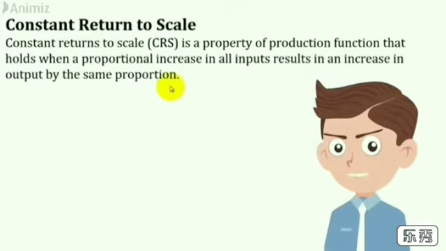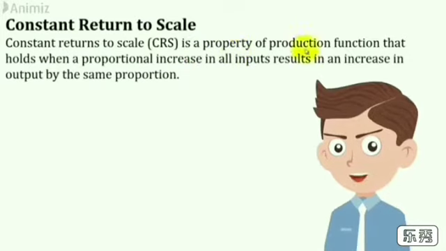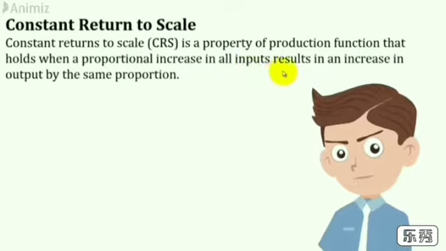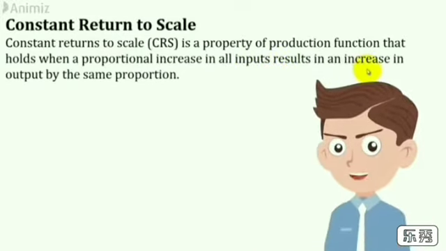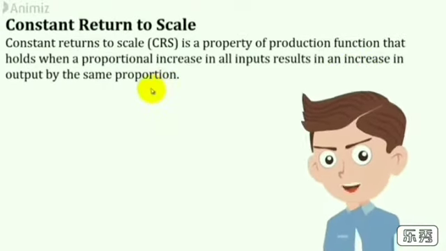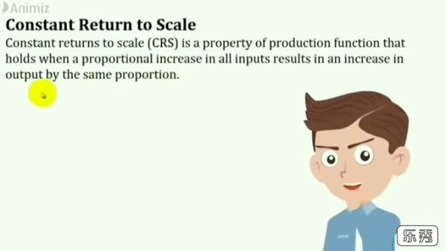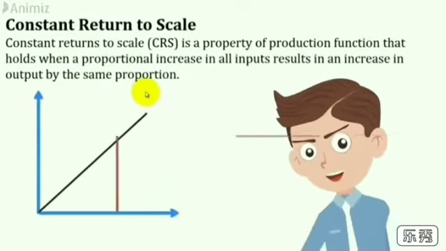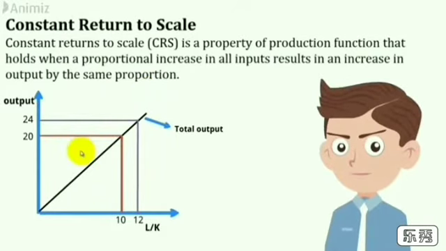So here it shows constant returns to scale in the long run production function. I mentioned the law of returns to scale. This is a graphical representation of constant returns to scale.